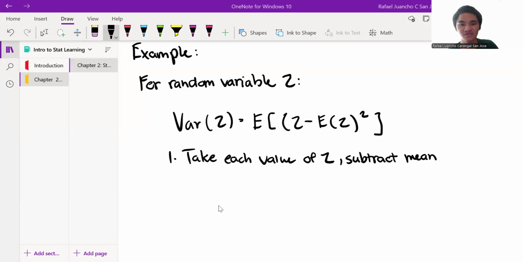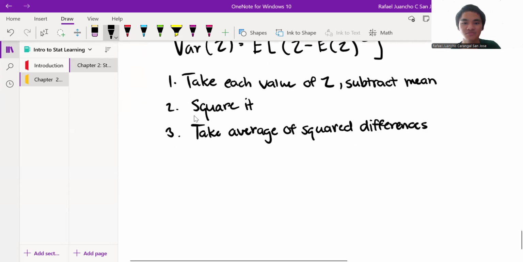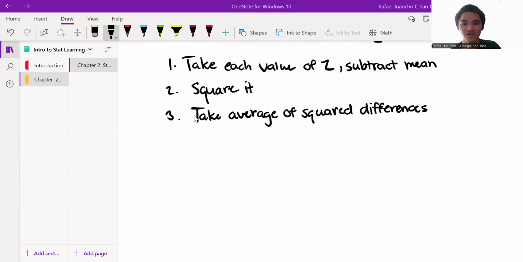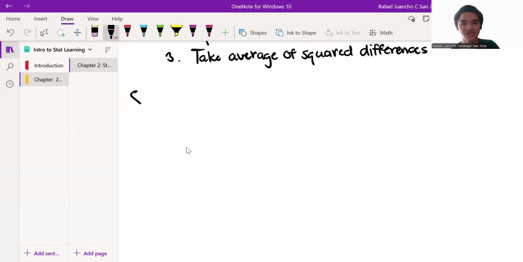We square it, and then we take the average of those squared differences. So that's variance. Now we go into standard deviation.